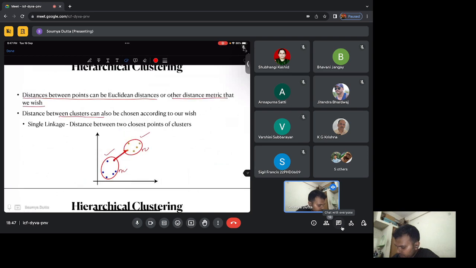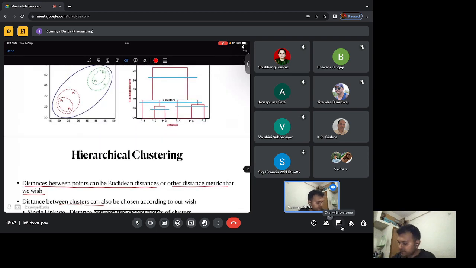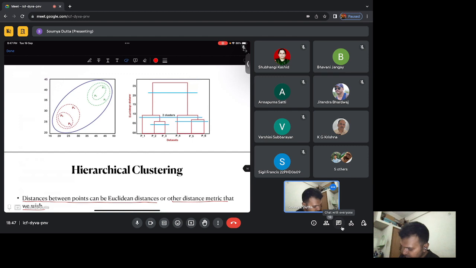Now let me come to the dendrogram. Suppose you have some six points here. You have gone through some distance measures, you have taken some complete linkage, and suppose P2 and P3 were found to be the closest points, that means the distance between P2 and P3 was the smallest, and you first merged them.